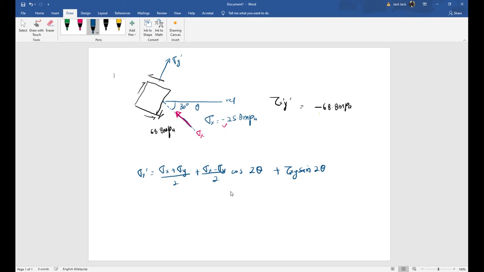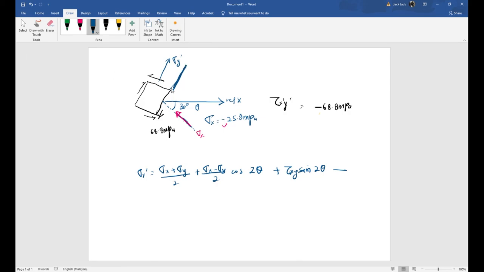Be careful: this equation can only be applied with respect to the x-axis. That means we have to define the new theta with respect to our initial reference x-axis. So this is your initial x-axis, and the new theta with respect to the x-axis is here.